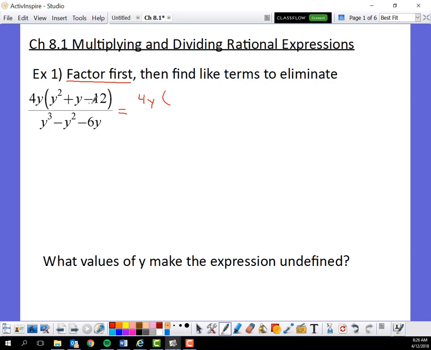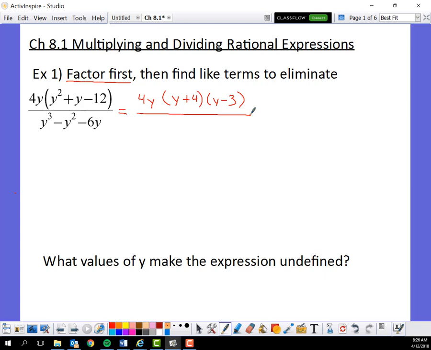You're looking for two numbers that multiply to give you negative 12 and add up to give you 1. So in this particular case, it should be plus 4 minus 3. So we'll factor that to y plus 4 times y minus 3. So we have factored our numerator completely.